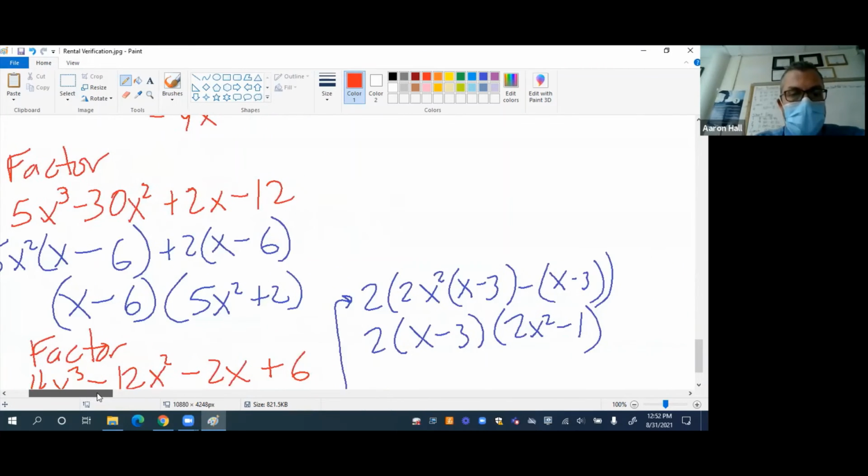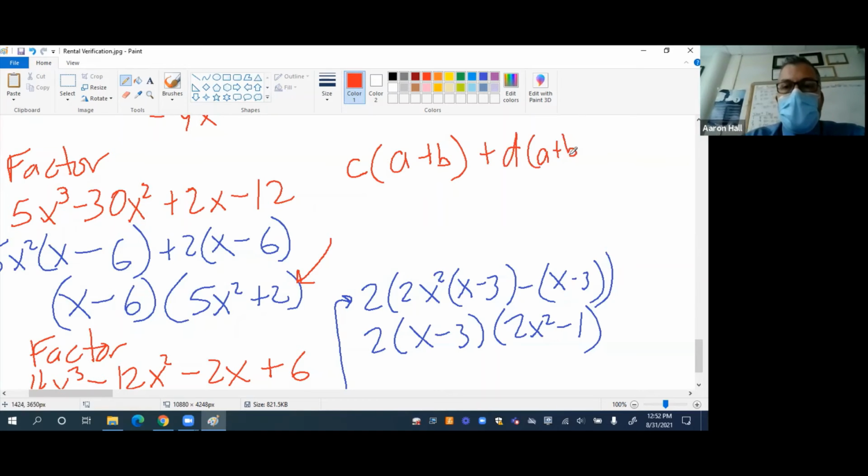Let's look at this one: A plus B times C plus D times A plus B, and then I distribute this. Oh, we need x's in there. I apologize.